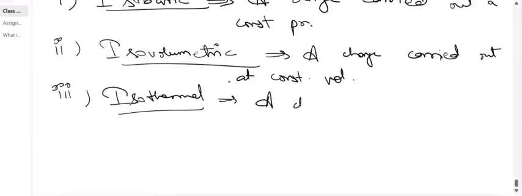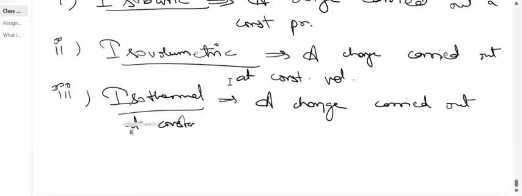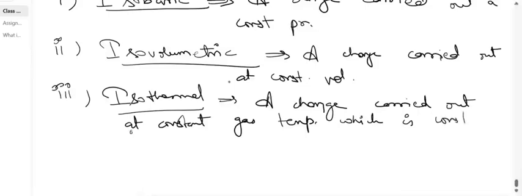A change carried out at constant gas temperature, which means constant internal energy. Okay.